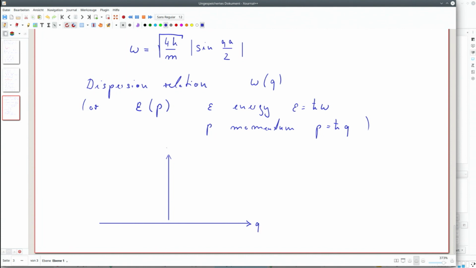Our wave vector and the frequency has a shape like this. I want to have it symmetric. Okay, more or less.